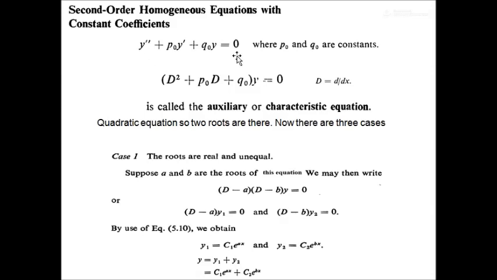So these are second order differential equations. Now I can change this differential equation into an operator form, that is D equal to d by dx, and the characteristic equation can be written as (D square plus p0 D plus q0) y equal to 0. This equation is called the characteristic or auxiliary equation.